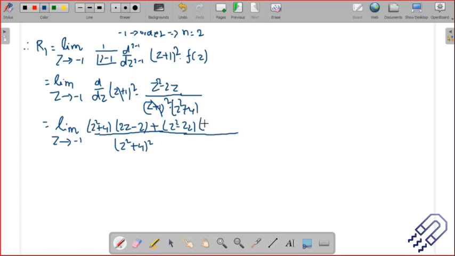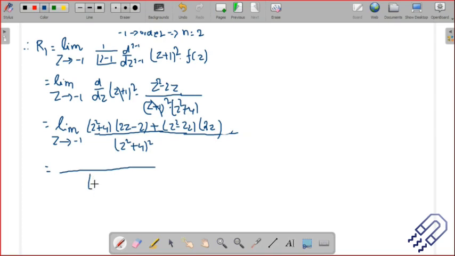So d/dz of v means this is 2z. Just differentiating, so preferably you don't need to simplify anything. There's no point simplifying this.